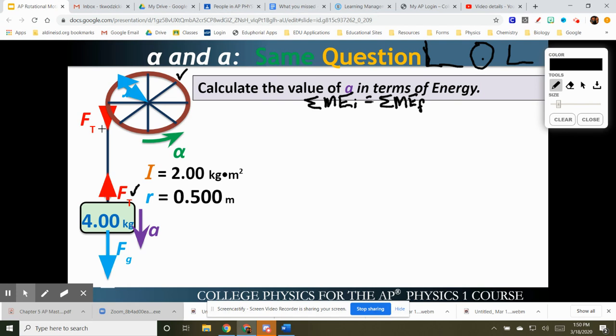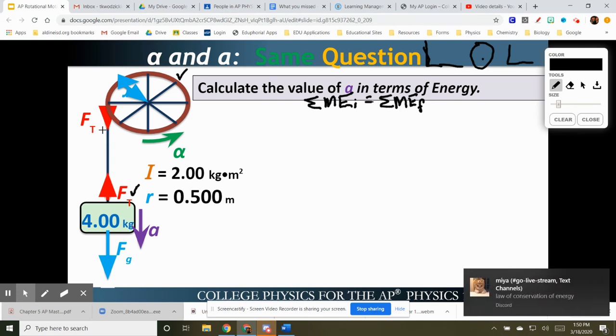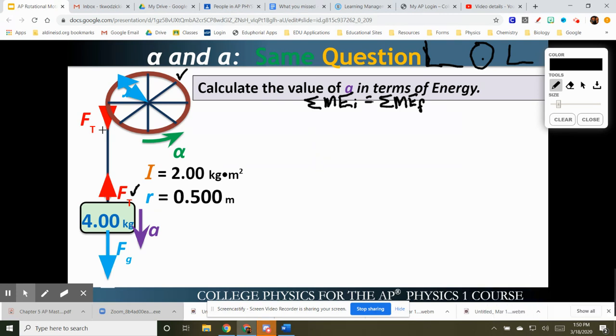So we have to imagine that the block is up here, right? So what kind of energies do we have initially? Yes, thank you, Mia. Thank you for saying that we're using the law of conservation of energy, and that's how we approach energy problems. We always look at it with that initial law of conservation of energy.